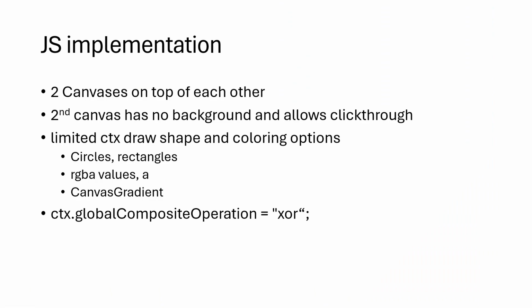In JavaScript, I found out to do this, you need two canvases. One is the game world. The second is the light map that is on top of the game world. The second canvas has to have no background, otherwise you just cannot see the first canvas.